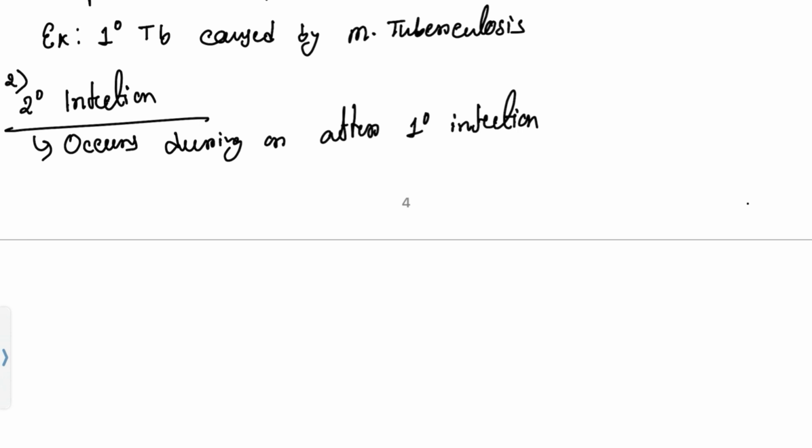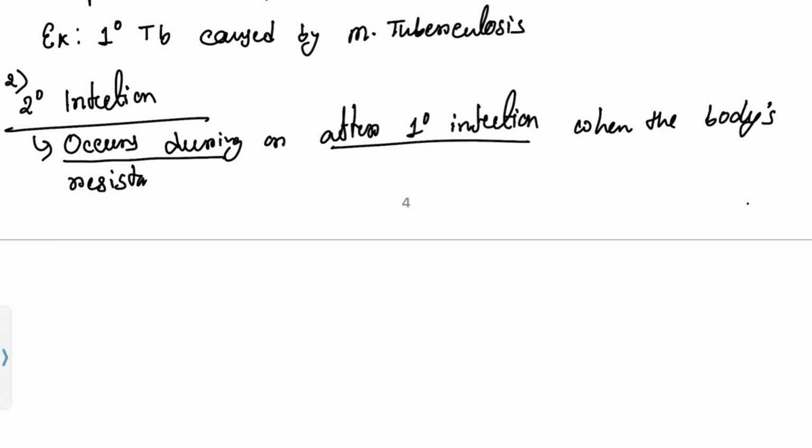So secondary infection occurs during or after the primary infection, when the body's resistance is lowered or compromised. As it is compromised, the resistance power decreases, and that's why he got a different infection.